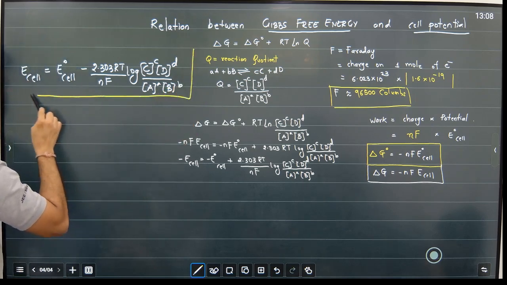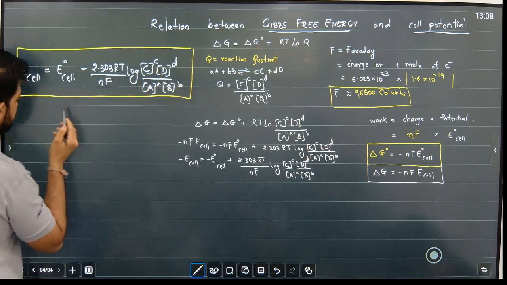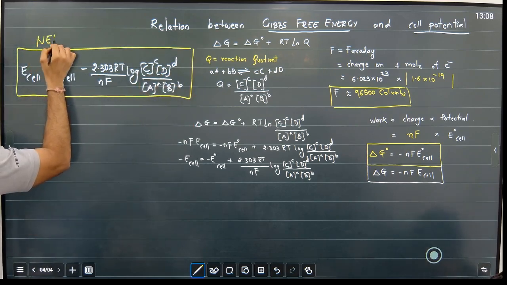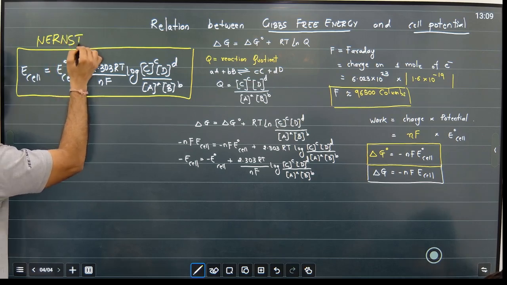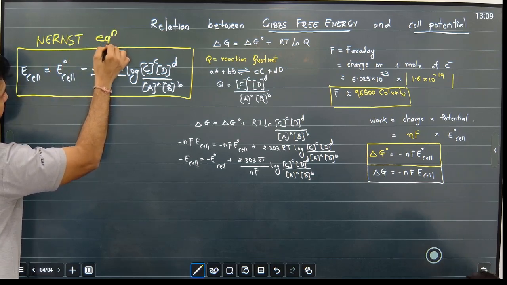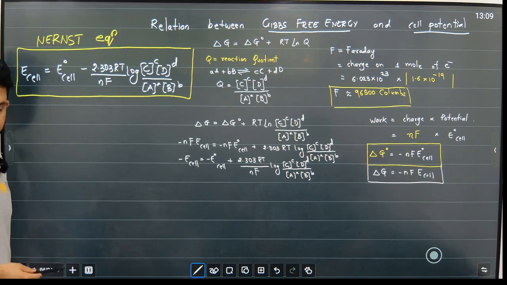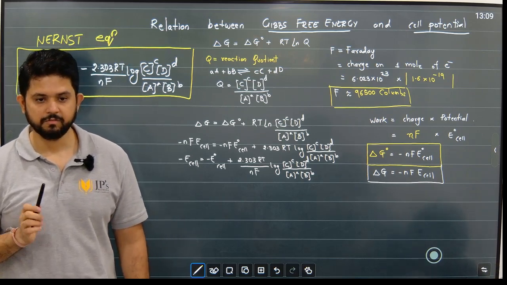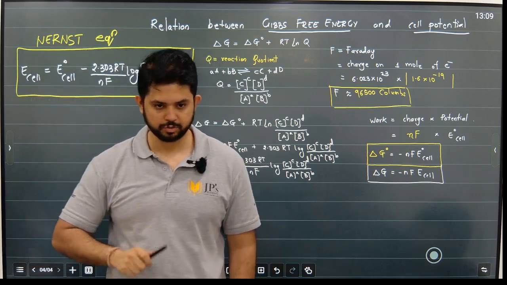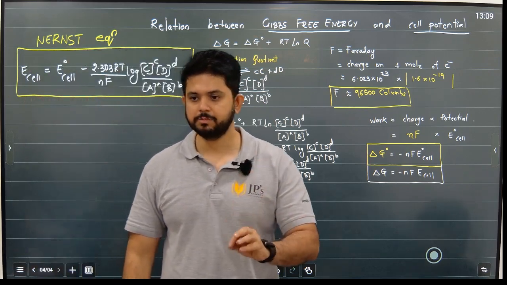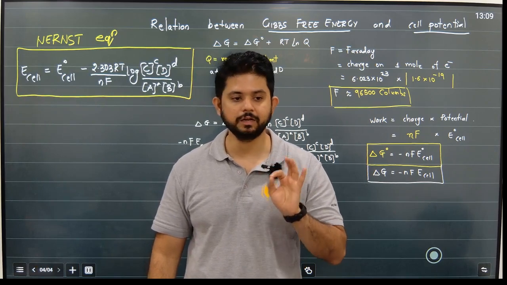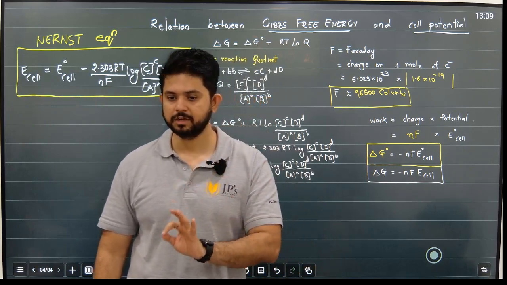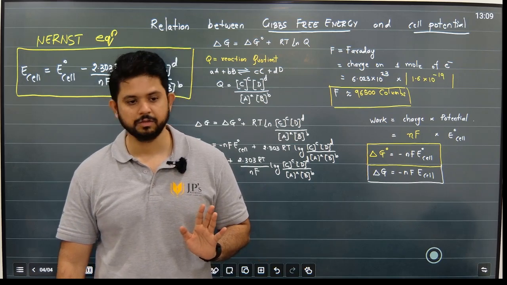This equation is known as the Nernst equation. We use the Nernst equation to find the EMF of a cell under non-standard conditions. With me?